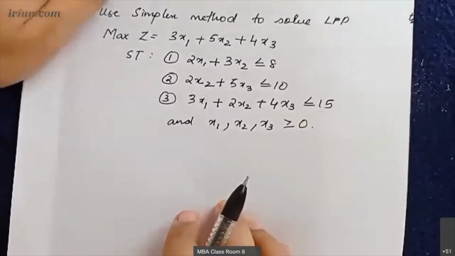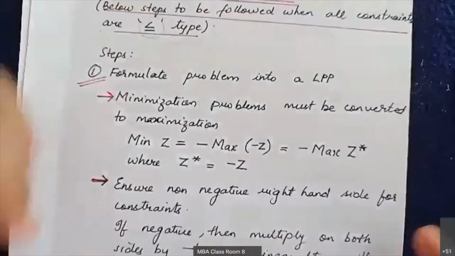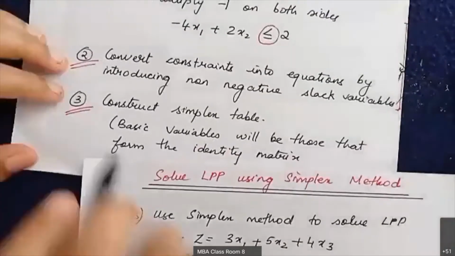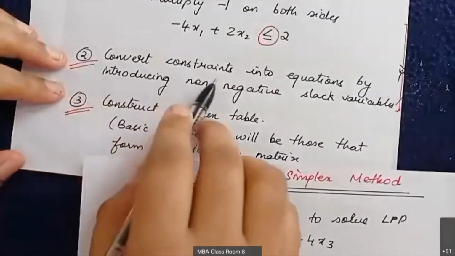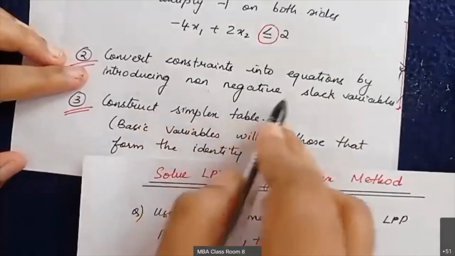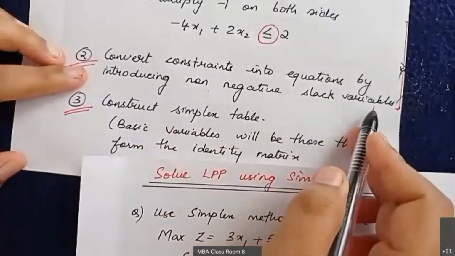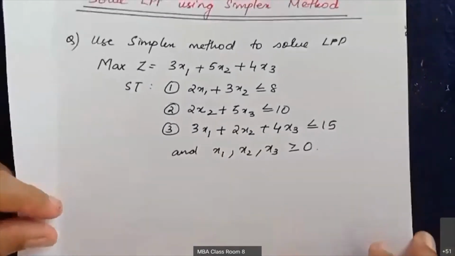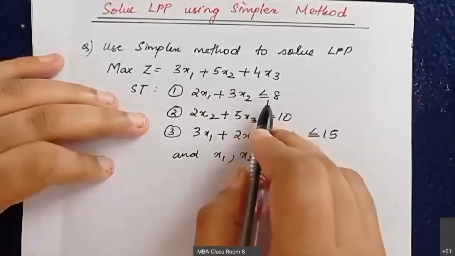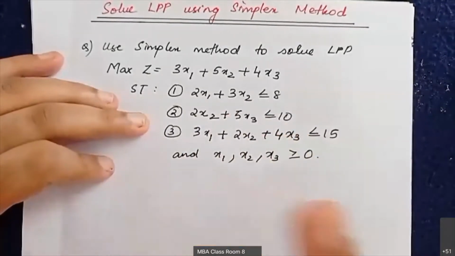Next step is we have to introduce... can you see that? Second step: convert constraints into equations by introducing non-negative slack variables. I'll tell you how to do that. In the graphical method, what did you do? You just changed the inequality into an equal-to sign, took the points and plotted them on the graph.